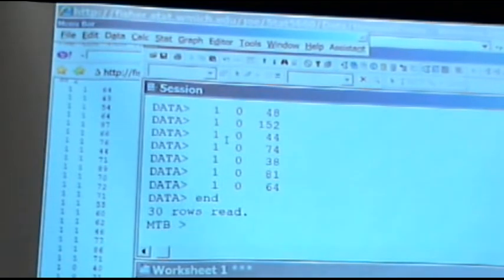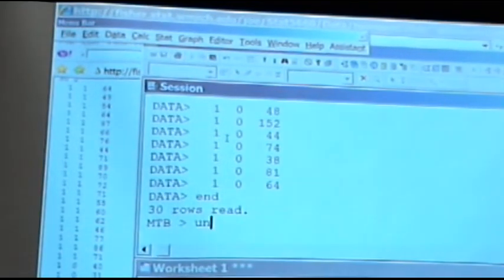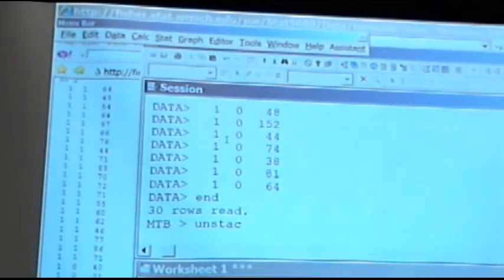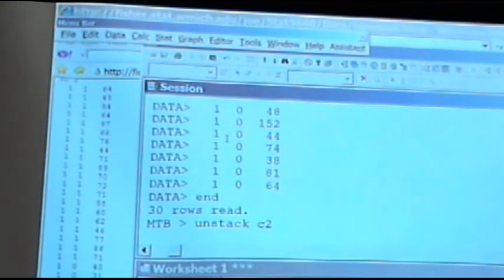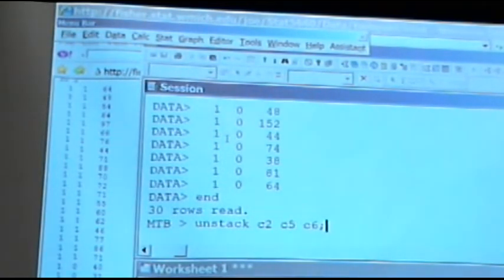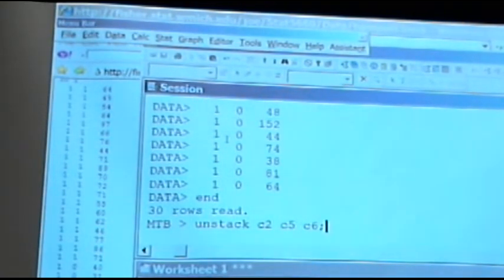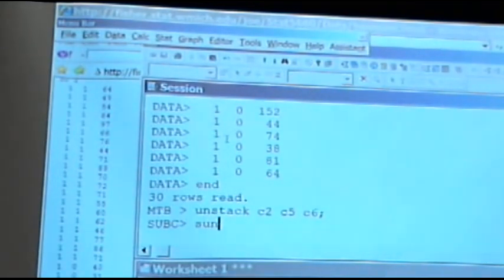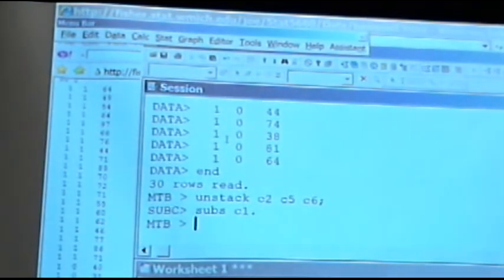So I unstack C2, put the results in C5 and C6, with the subscripts in C1. You can name the columns. So this would be the placebo.